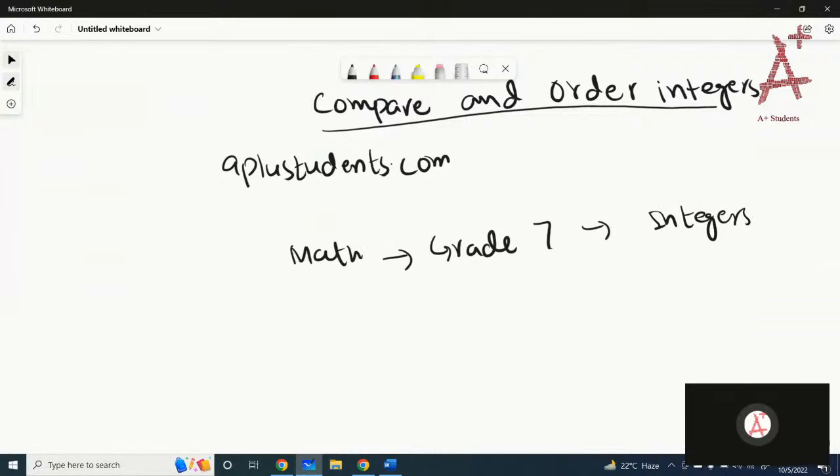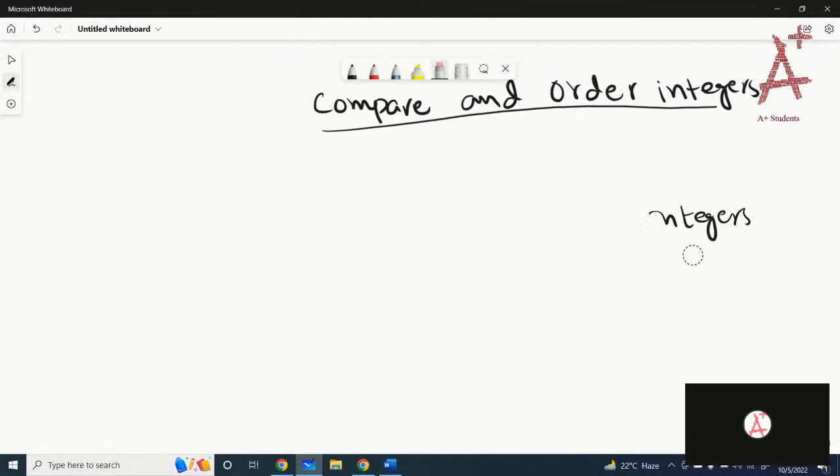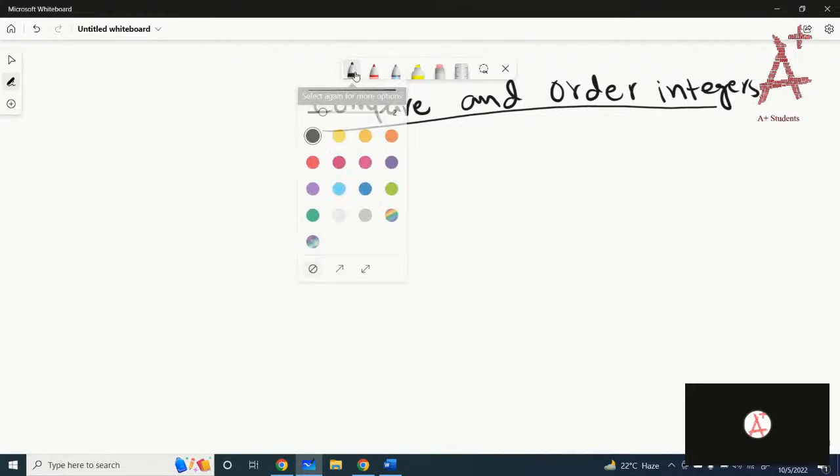Basically, what you have to do is compare the integers and then order them. Okay, let's start with compare and order integers.